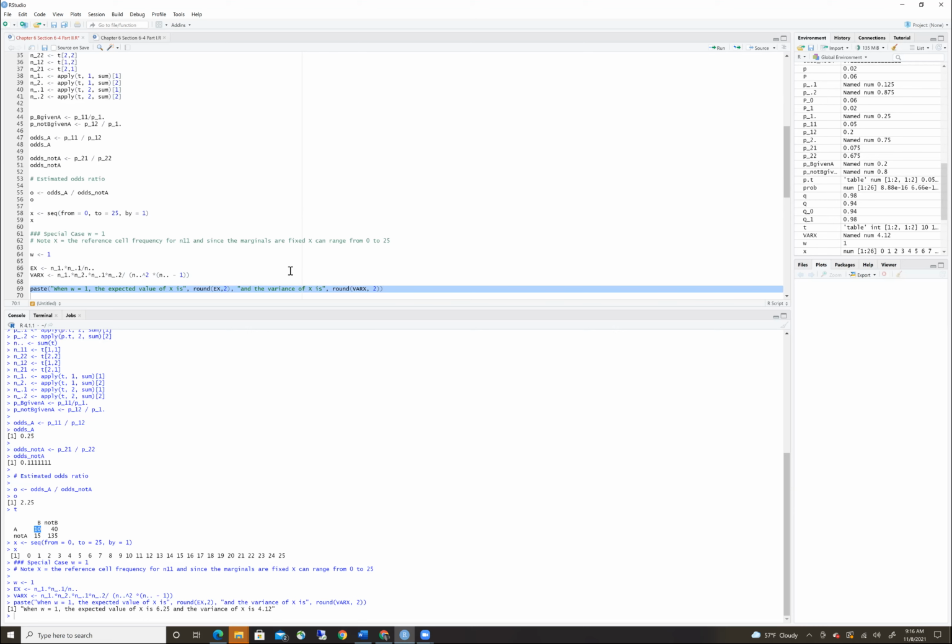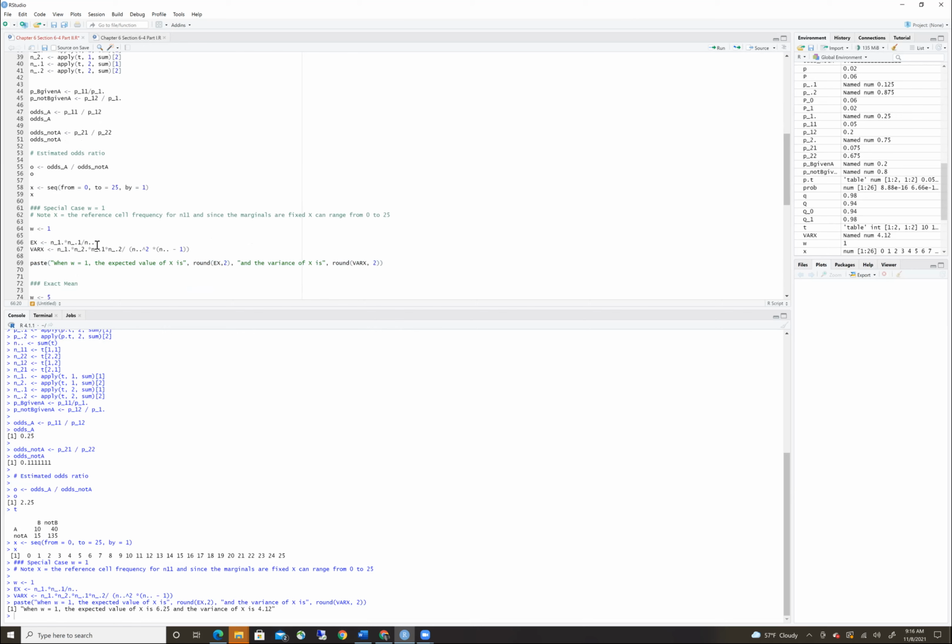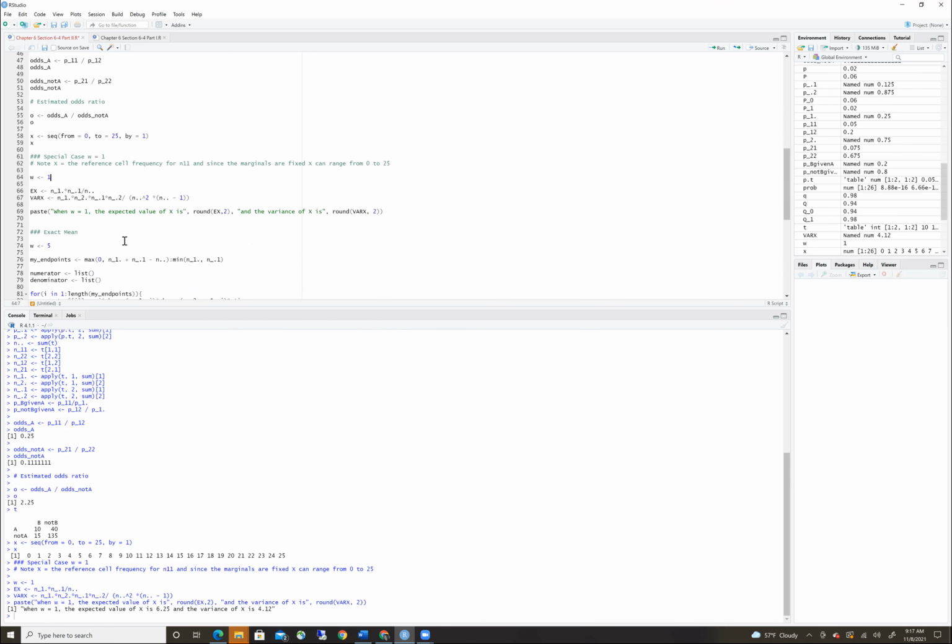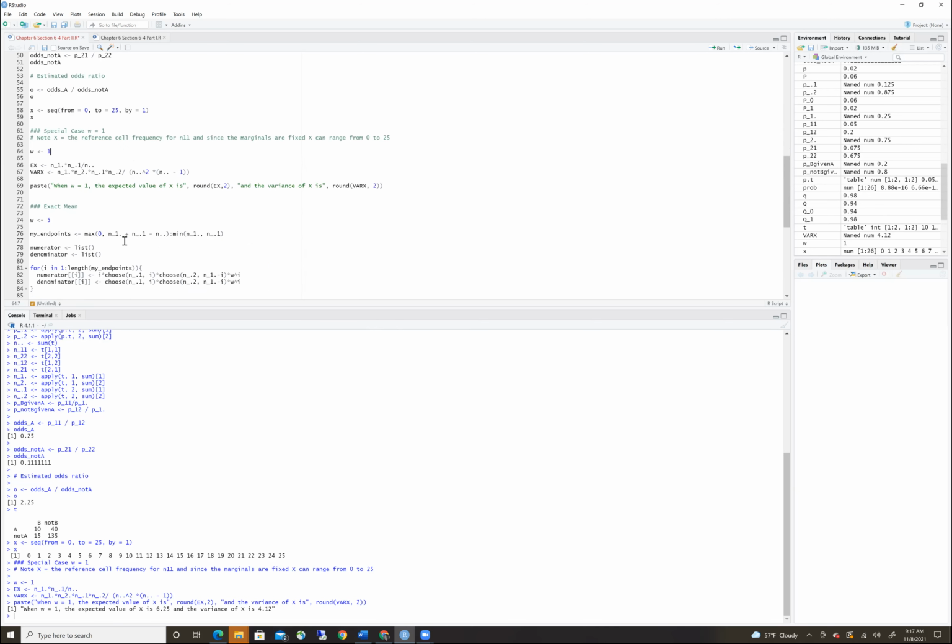All right, so that is a little simpler when omega equals 1, but if we want to, we can also calculate the exact mean when omega is not equal to 1, right? And so now I'm looking at equation 6.43 in the text for the expected value.